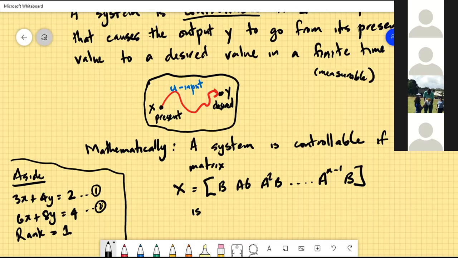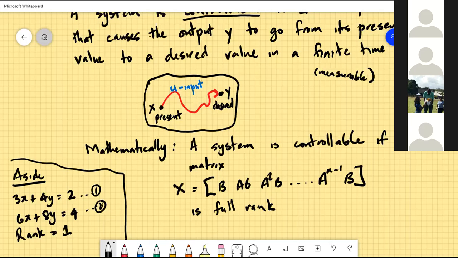So full rank means that the number of variables I have is the number of different equations that I have, so we can solve that equation.